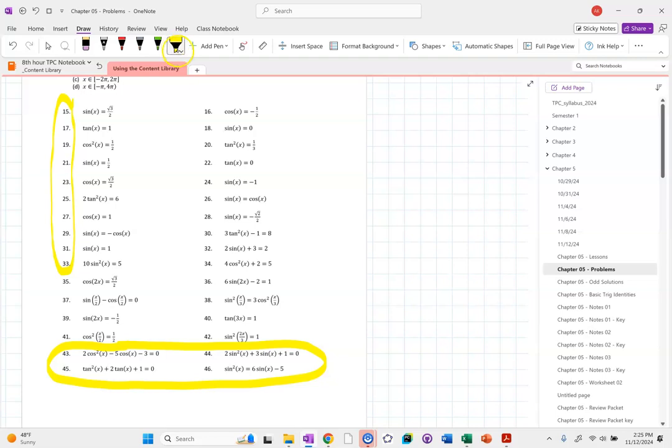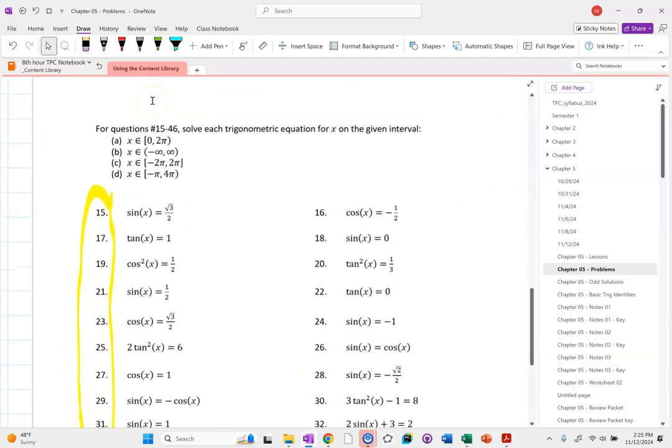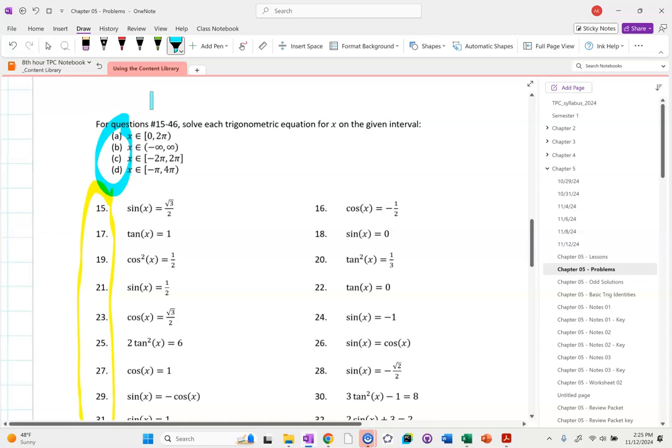Now, keep in mind here that each one of these problems is really 4 problems because there's 4 different intervals I want you to solve over. Now, I tried to be nice in how I picked these intervals, because if you solve from 0 to 2 pi, automatically you can get the infinite answers because all you have to do is slap the 2 pi plus 2 pi k at the end of it, right?